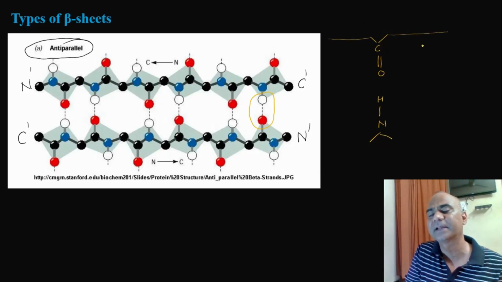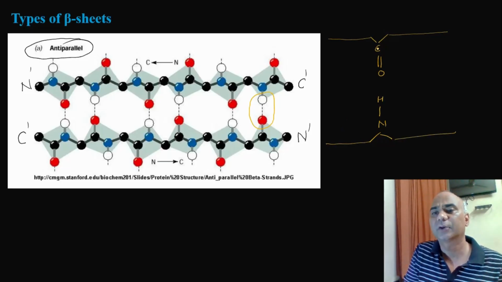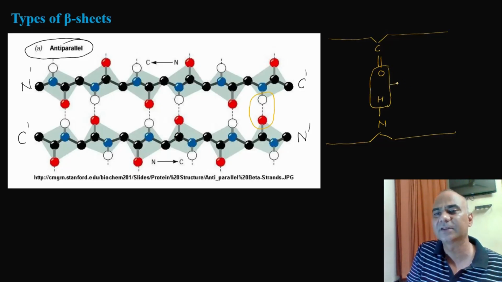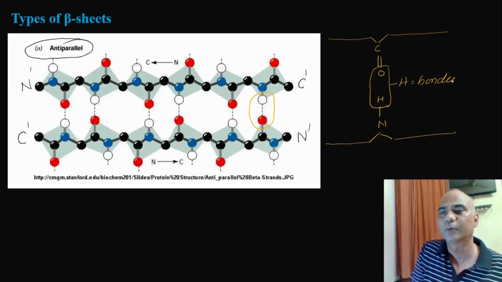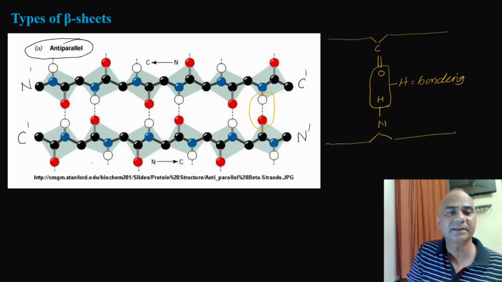This is the first polypeptide chain, and this is the second polypeptide chain. When the carbonyl oxygen and the hydrogen of the amide of another polypeptide chain come near, this makes the hydrogen bondings. These are the hydrogen bondings between the polypeptide chains.